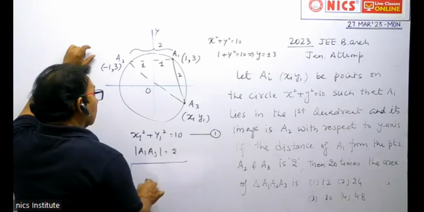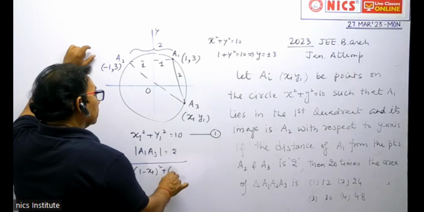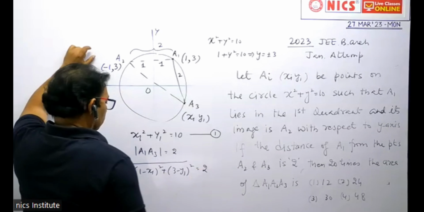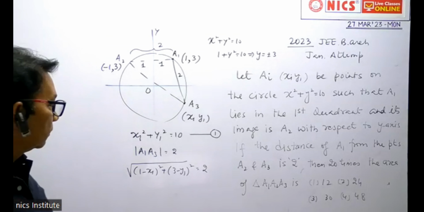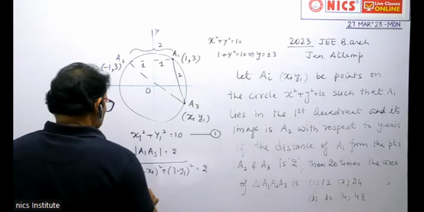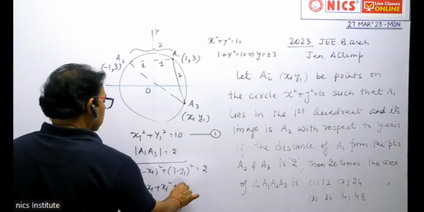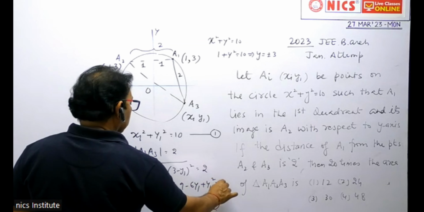You can use the distance formula. (1 minus x1) whole square plus (3 minus y1) whole square is equal to 4. Now open this: 1 minus 2x1 plus x1 square, 9 minus 6y1 plus y1 square is equal to 4.